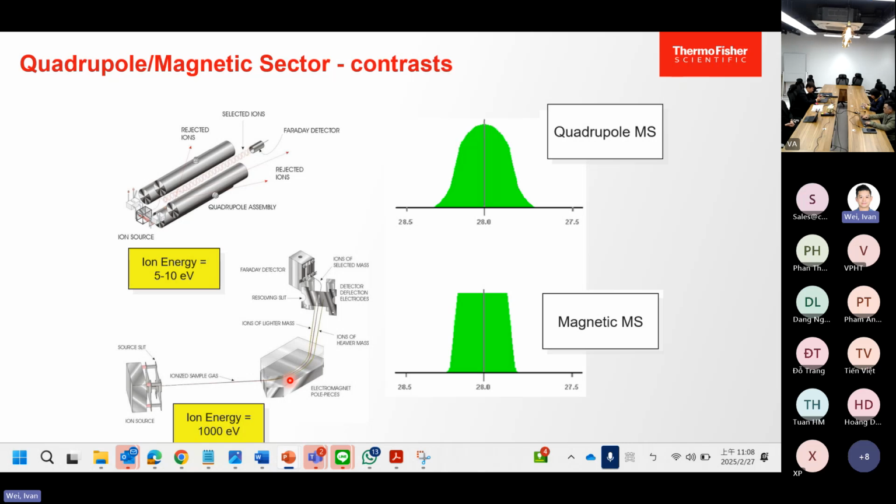So the magnetic sectors are most suitable for those applications because they can employ very high energy beams of ions, which are deflected by really strong perpendicular magnetic fields. That makes the instruments much more robust, with less maintenance compared to a lab quadrupole mass spectrometer.